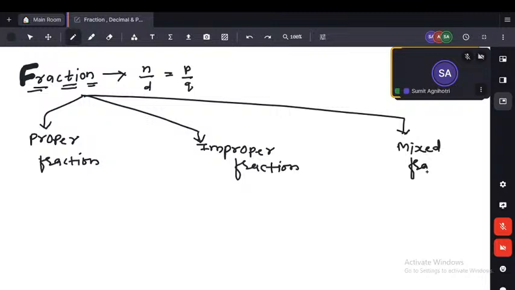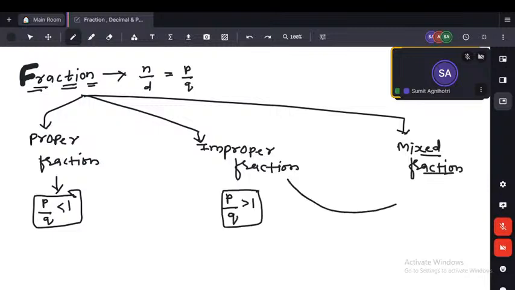In the proper fraction we include those fractions whose value is less than 1. Do remember this thing, Aryan. And in improper we include values greater than 1, and each improper can also be written as mixed. Let's take some examples to understand it well.